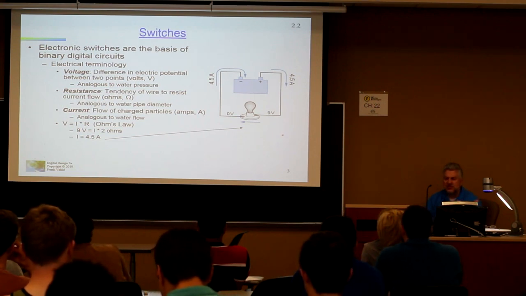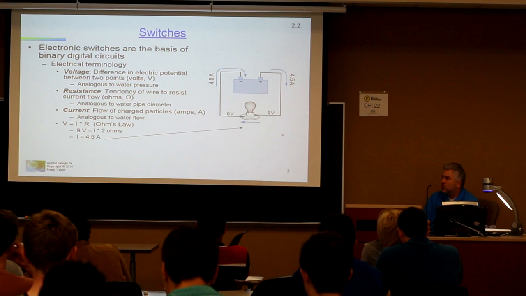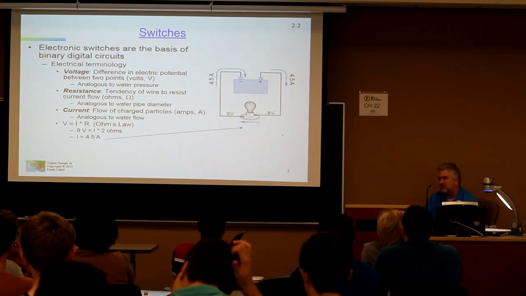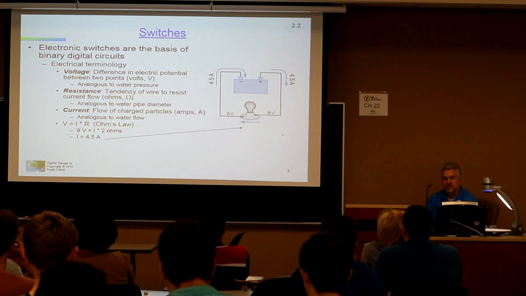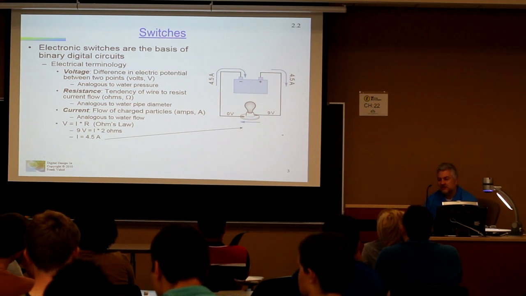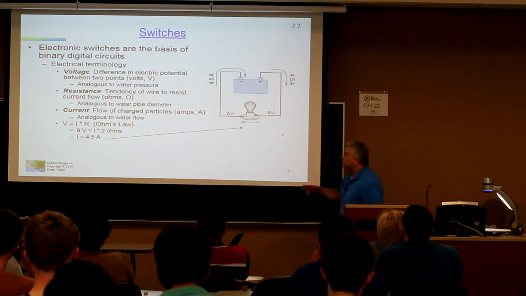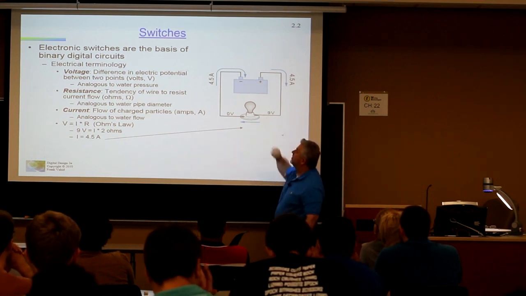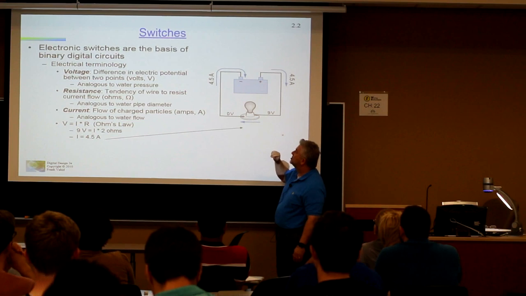By the way, this is just a rehash of what was covered in, I believe, Engineering 1201, and I covered this in 1202, right? V equals IR. So if we just remember some of our old V equals IR, we have a battery up there that has 9 volts.